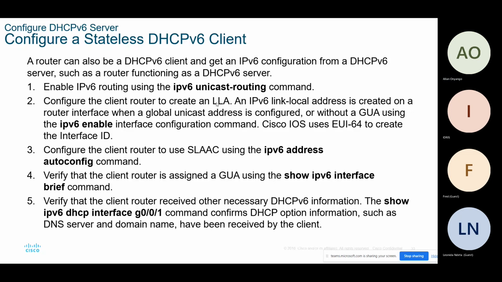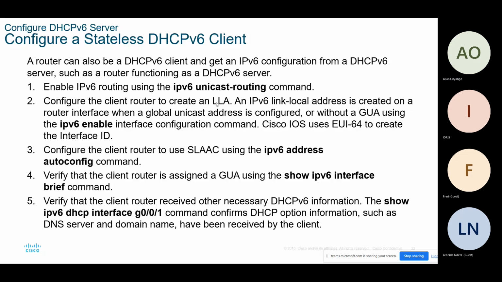You can also verify that the client router has received the necessary IPv6 information by using the command show ipv6 dhcp interface G0/1, for example. That will confirm that the DHCP option information like DNS server and domain names have been received. So that is making a router become a stateless client.